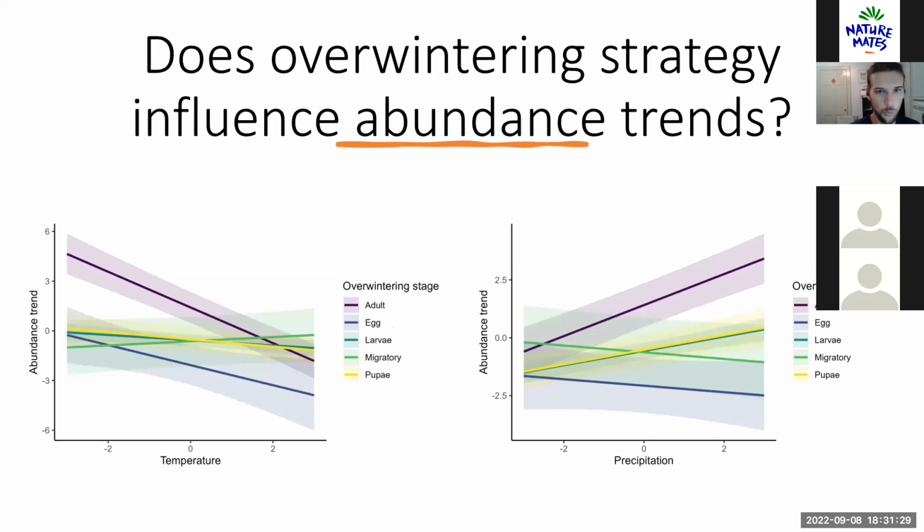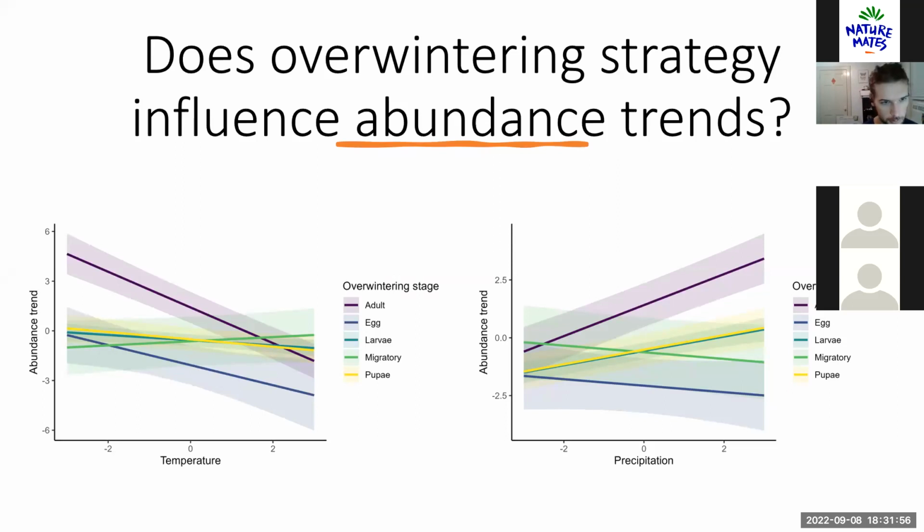I found that traits were important in predicting these abundance trends. For the overwintering stages, in areas where temperature was warming or warmer, adults were found to have the greatest declines, and also species that overwinter as eggs in these warming areas.